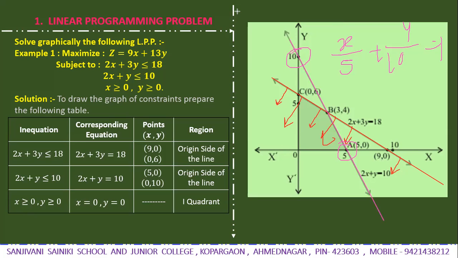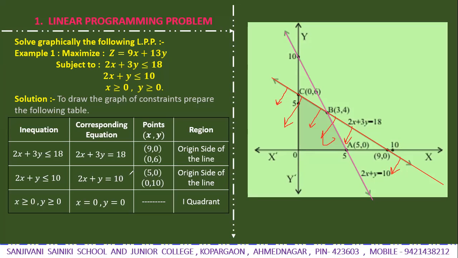Again, this line divides the xy plane into two parts. One of the parts contains the origin, the other part doesn't.